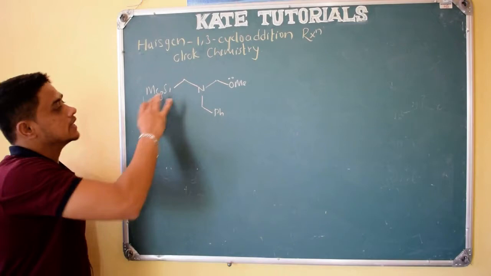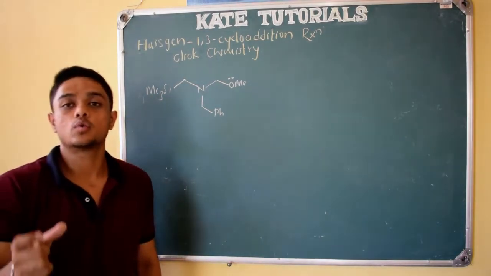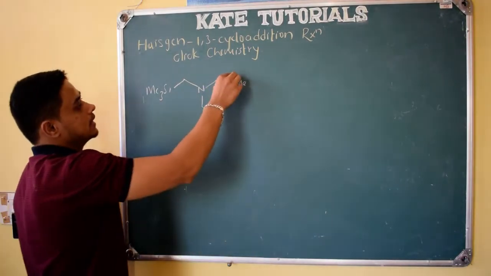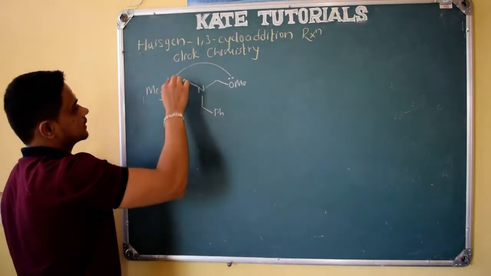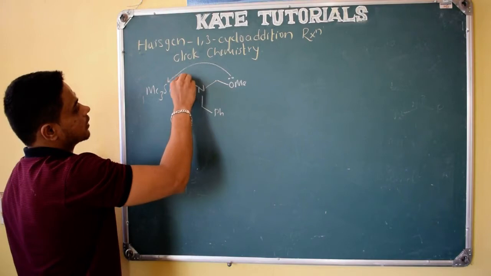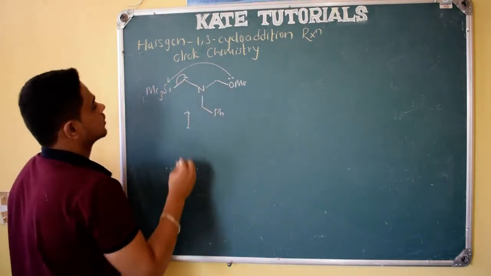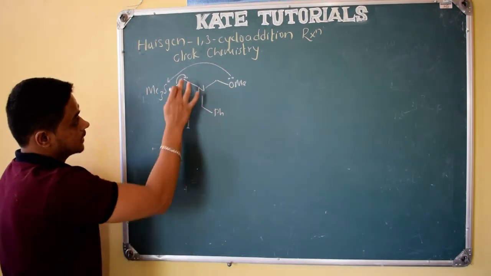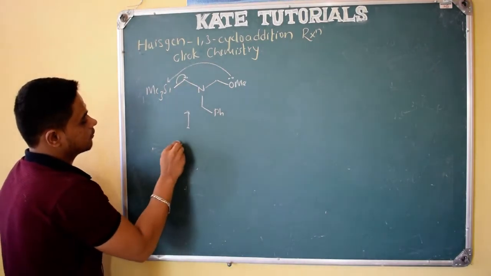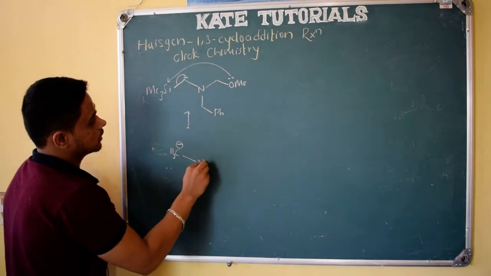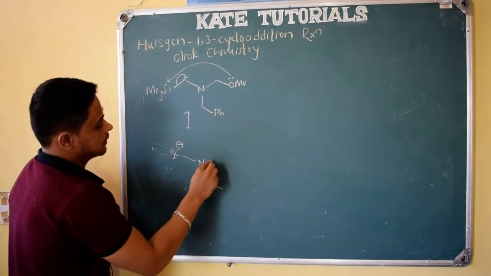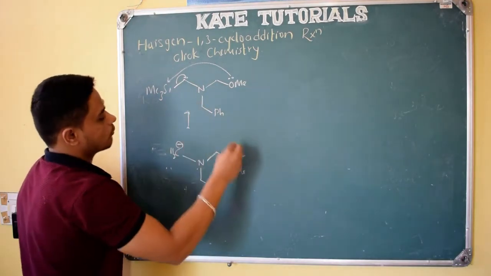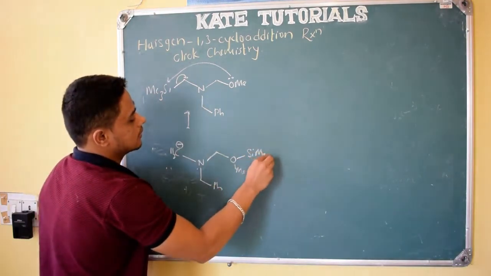And we know that silicon has more affinity towards electronegative atoms like halogens and oxygen. So what happens, this lone pair of electrons takes this silicon, and silicon gives its electron density on carbon, right? So this carbon, CH2 minus, gets a negative charge, and nitrogen, and here Ph, CH2 and O, this methyl and silicon bond, trimethylsilane, right?